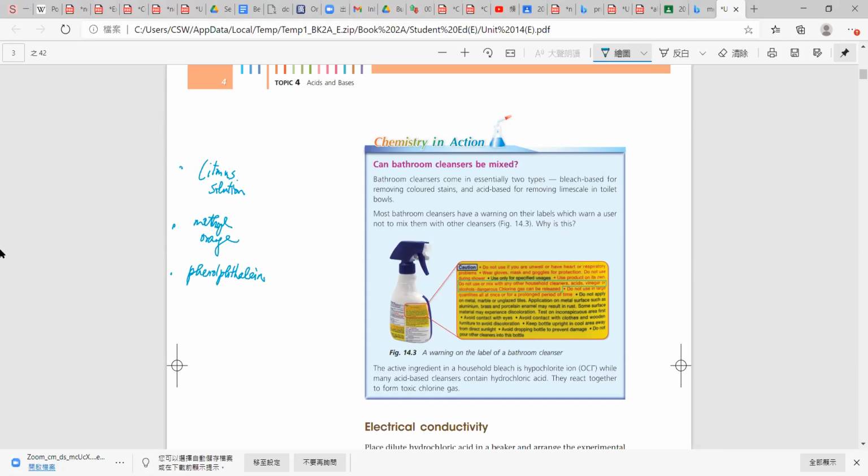Litmus solution, methyl orange, phenolphthalein, what are they? So what are they collectively? We call that acid-alkaline indicators. So could you please give me one more example of an acid-alkaline indicator used in the lab?